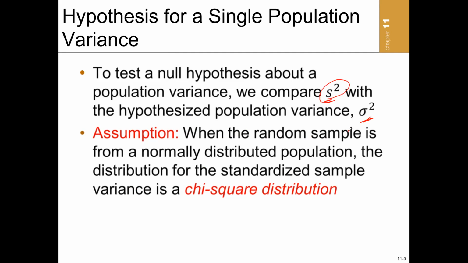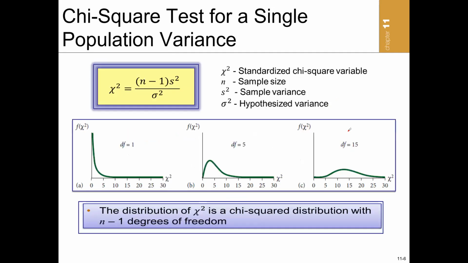Now, the assumption we make is that the random sample is from a normally distributed population. The distribution for the standardized sample variance is a chi-square distribution. So as I said, in this topic, we are not going to read the Z or the T table to do the hypothesis testing. We are going to use the chi-square table to do the hypothesis testing.